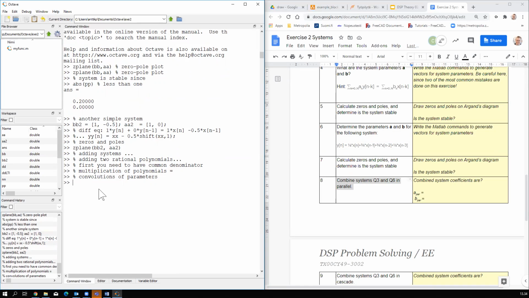So now we have H1 of z and H2 of z, and both are basically in the form of... not multiplied, but sorry, add, common denominator.